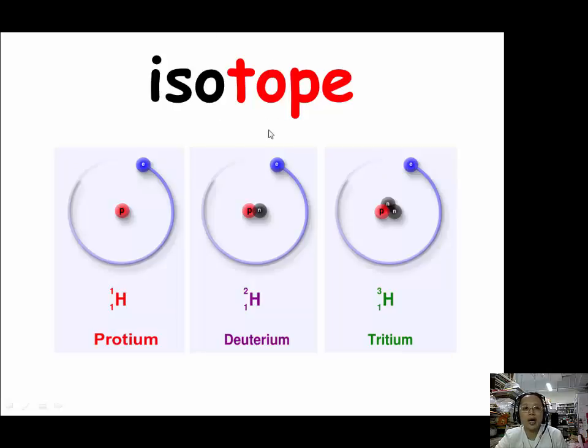So they are called isotopes because the place on the periodic table is determined by the number of the protons, not the atomic mass. So whether it doesn't have any neutrons or 1 neutron or 2 neutrons do not affect their place on the periodic table. So these three are called isotopes.